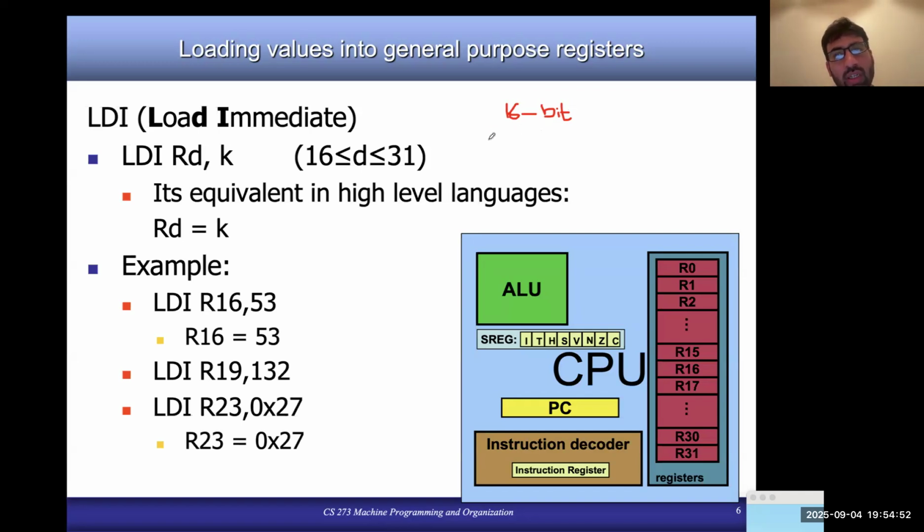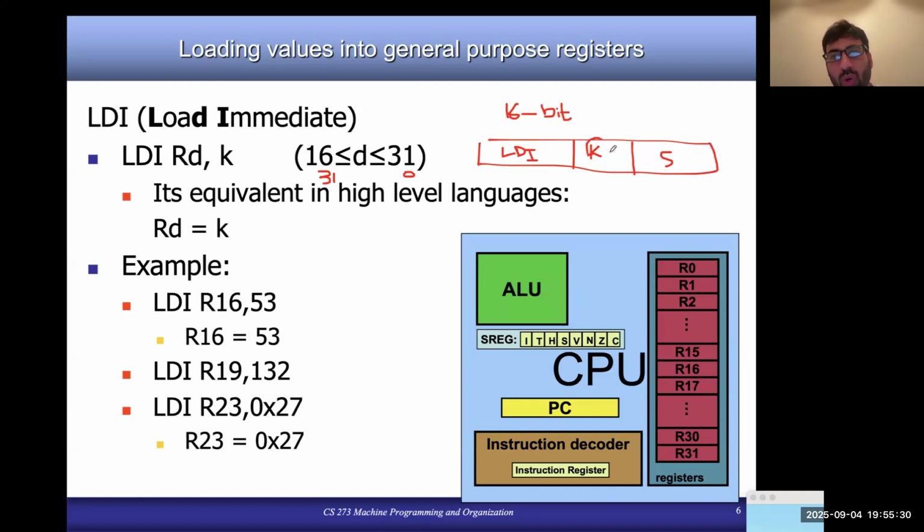Now if you have 16 bits, it means if you want to allow registers from 0 to 31, not from 16 to 31, then you need 5 bits for the Rd, and you also need some bits for the value of K, and some bits for the opcode of the LDI.